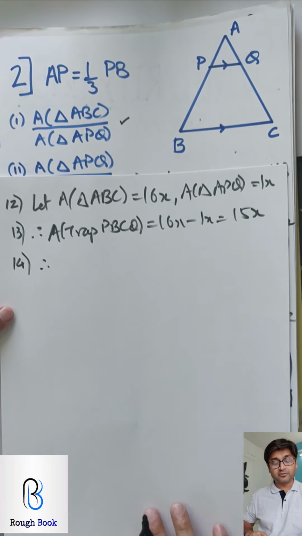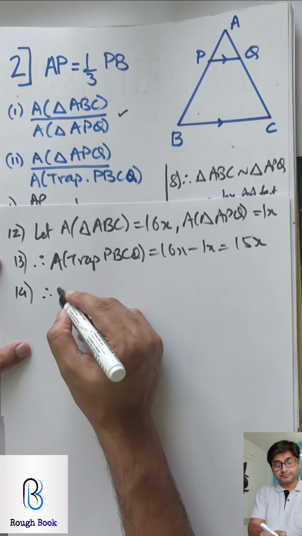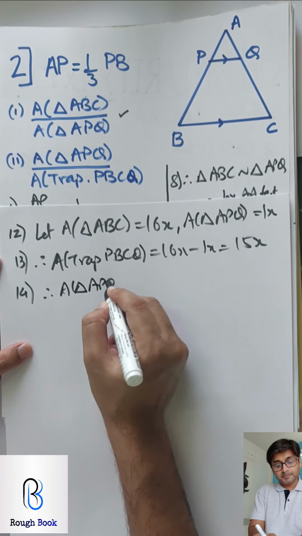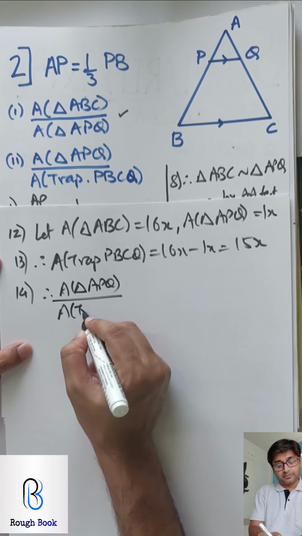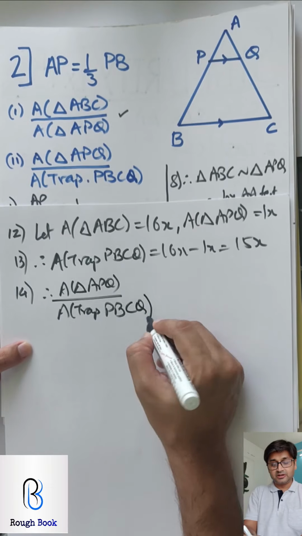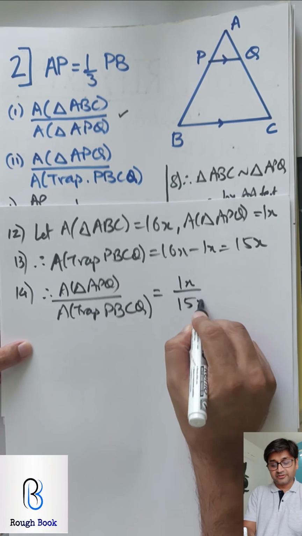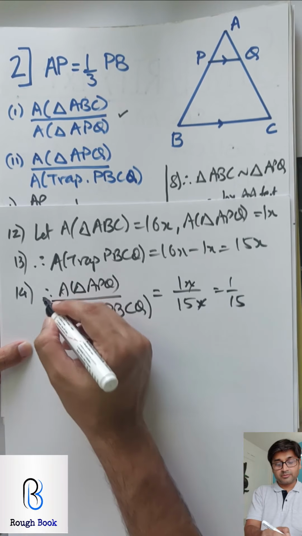And finally this part what we need: area of triangle APQ upon area of trapezium PBCQ equals, so APQ is 1x and this is 15x, cancels, 1 by 15.